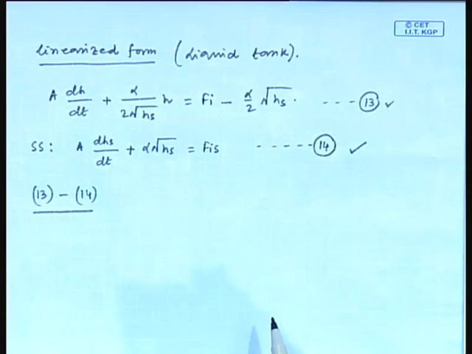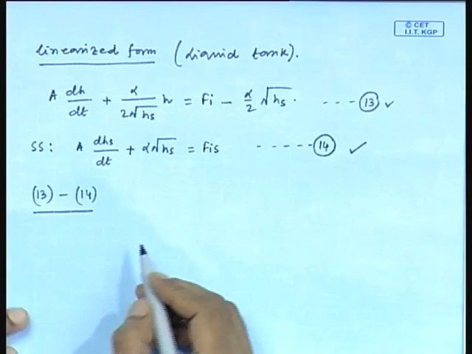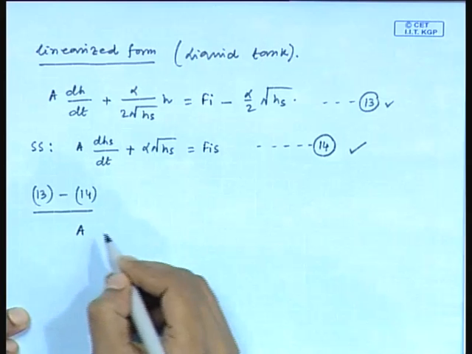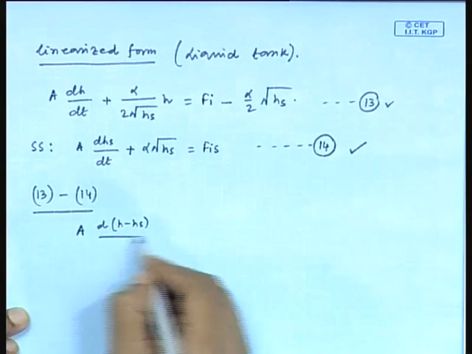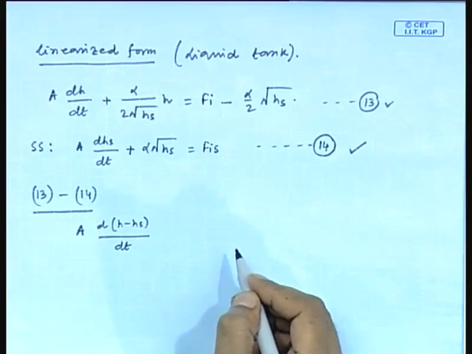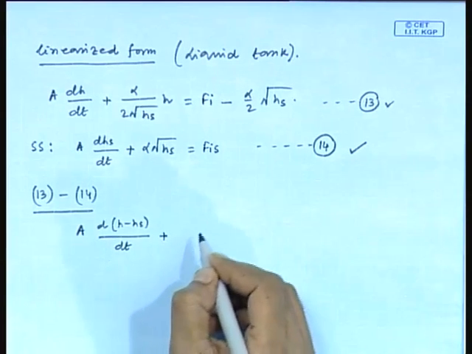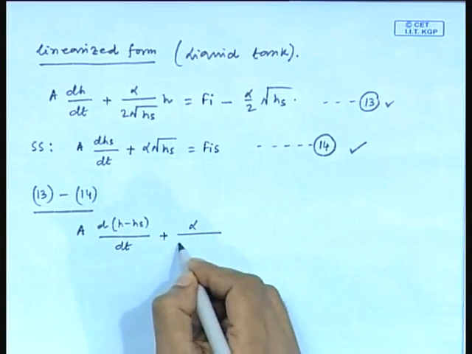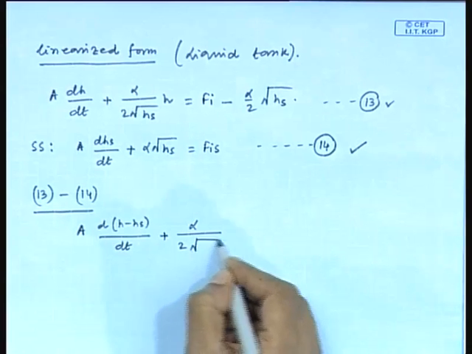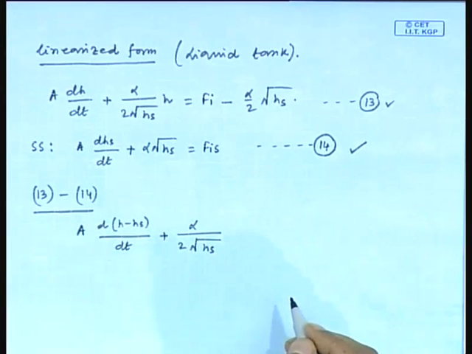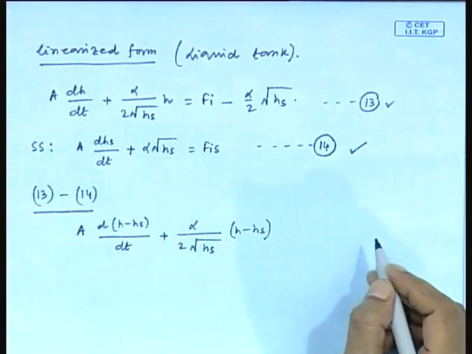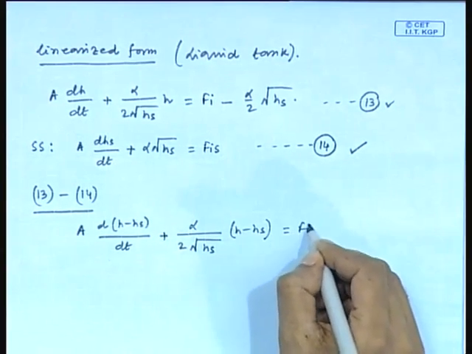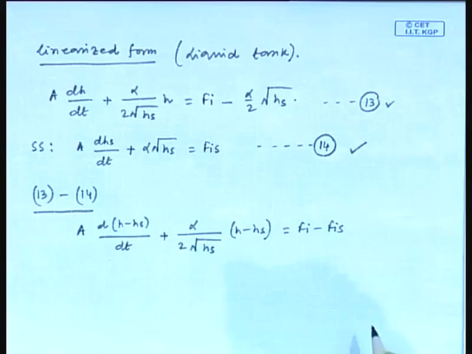If we subtract equation 14 from 13, we get A d(h minus hs) dt plus alpha divided by 2 root hs times (h minus hs) equals Fi minus Fis.